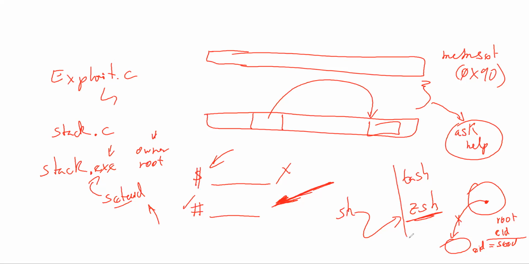But first, I want you to do it just like you did in the SetUID lab. Once you have completed that task, then I will tell you what you need to do to break it regardless of bash or CSH. Okay? Does that make sense, guys?